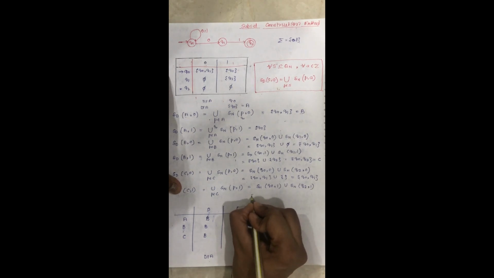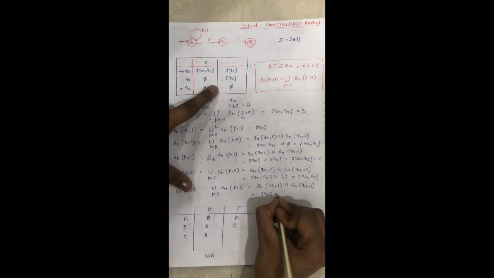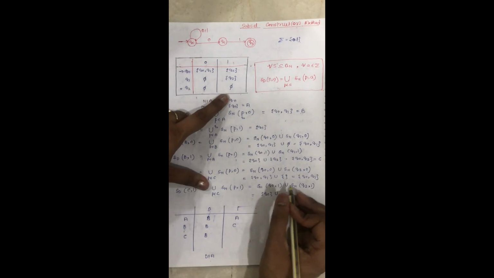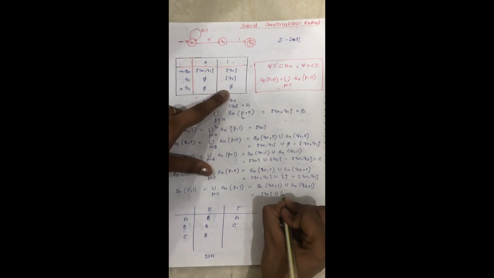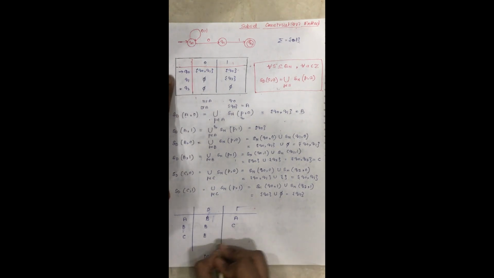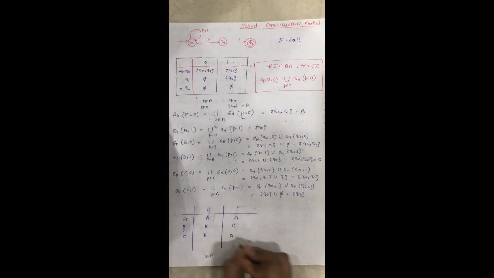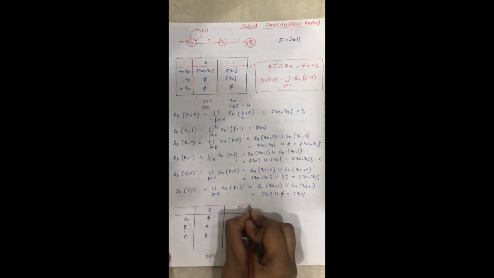So Q naught comma 1 will lead us to Q naught, union Q2 comma 1. At Q2 for input symbol 1 the result is phi. So here we will write phi and we will get Q naught. So at C for input symbol 1, the next state is A again. In that way we can plot its transition table.